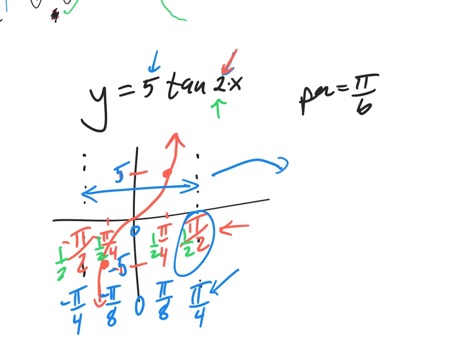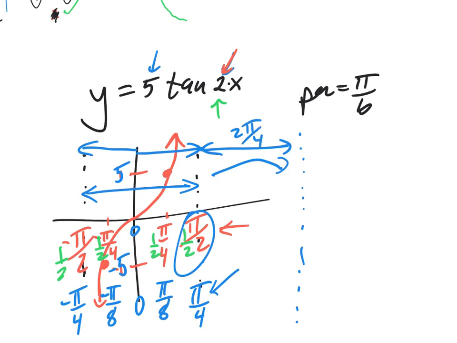It's not just pi over 4. It would be 2 pi over 4 in between the asymptotes. 1 pi over 4 this way and another one this way makes a total of 2 pi over 4. So that's when the next asymptote will hit.